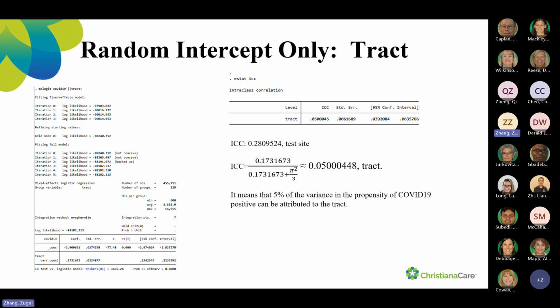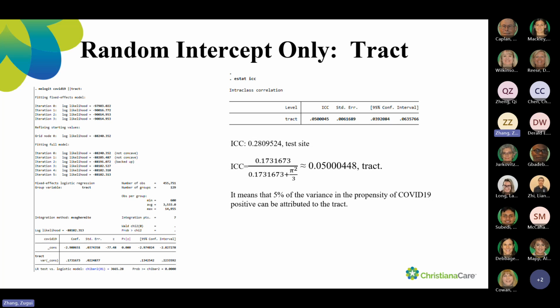If we look at the impact of track using the random intercept only model, we get the ICC is 0.05, which means 5% of the variance in the tendency or propensity of COVID-19 positive can be attributed to the track.